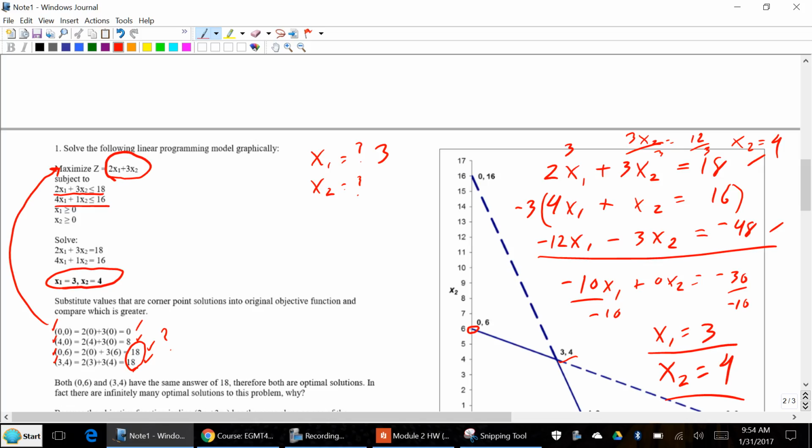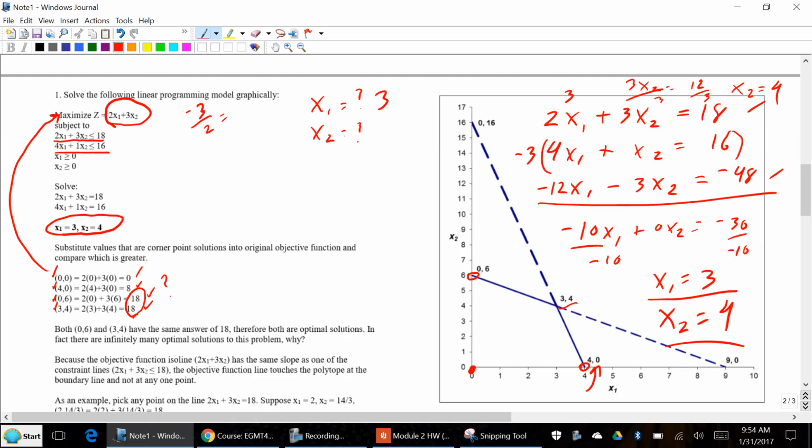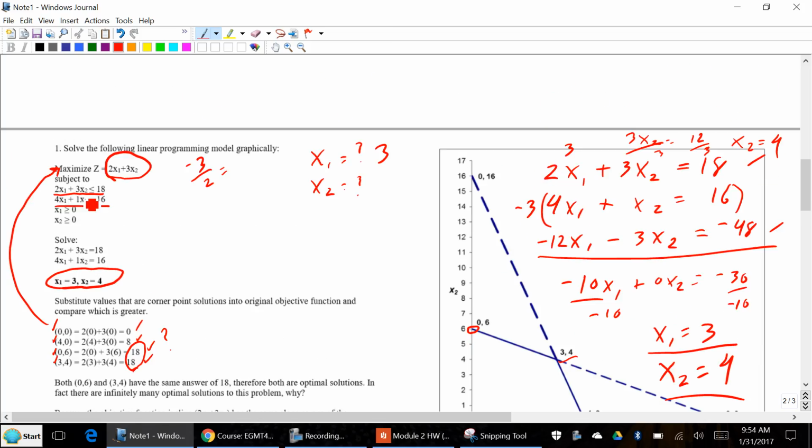It's going to be 3 over 2, which gives you, actually it's going to be negative 3 over 2. Negative 1.5 has the same coefficients as one of these constraints, that constraint right there.